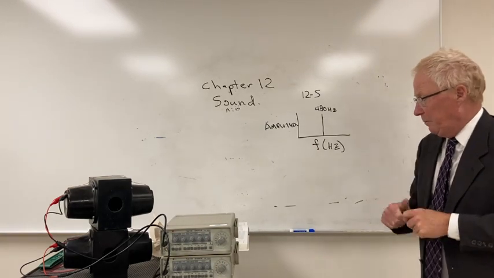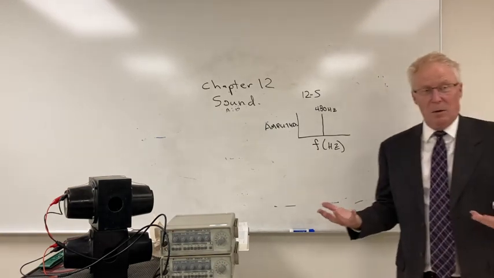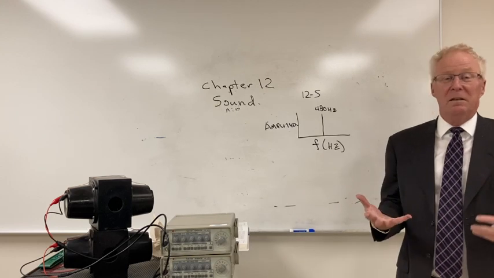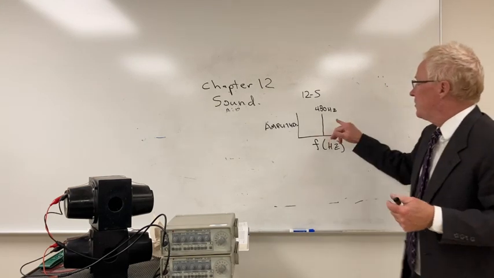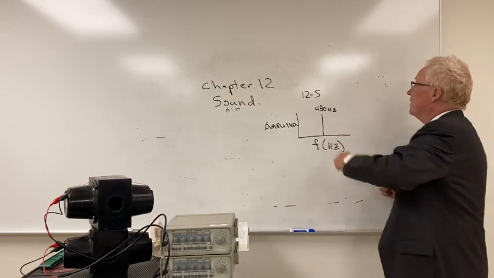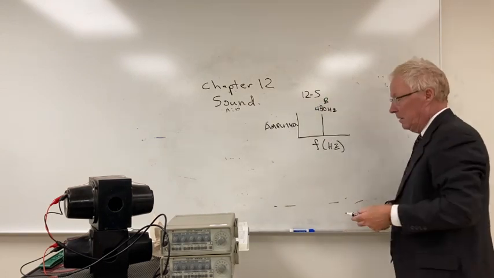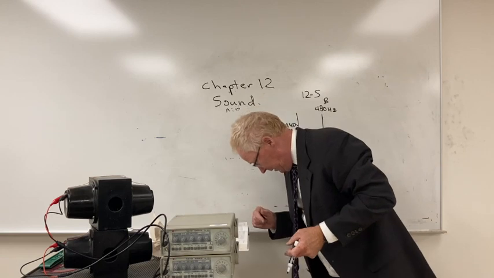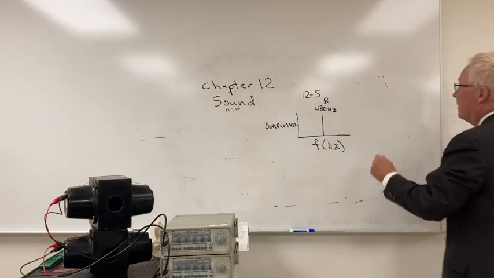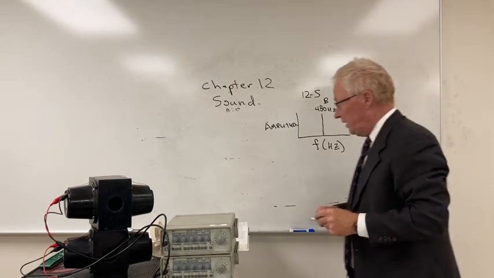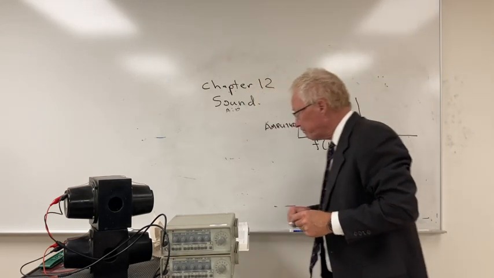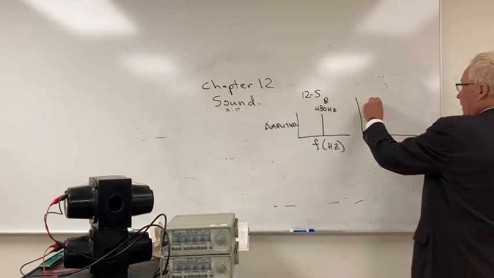Now, if you compare that to, say, a piano, a violin, a clarinet, something else that plays the same B, then instead of a simple frequency, what you're going to get are harmonics.